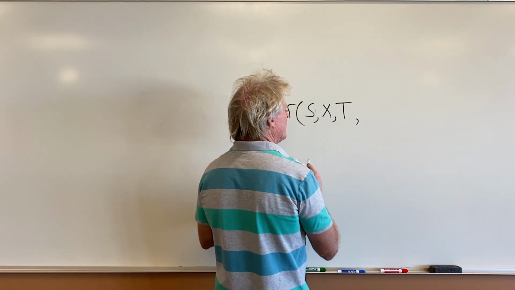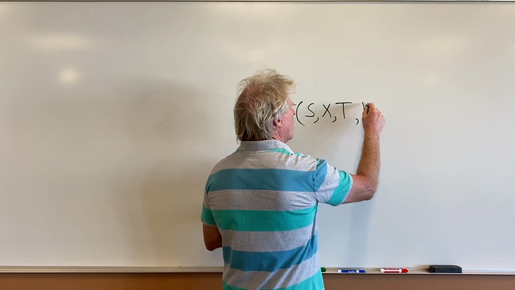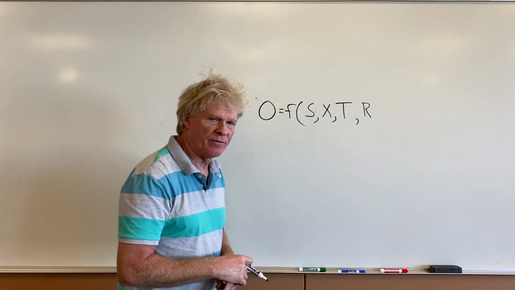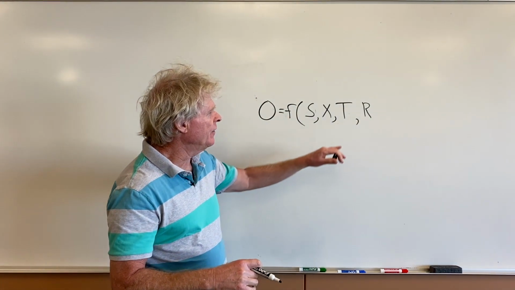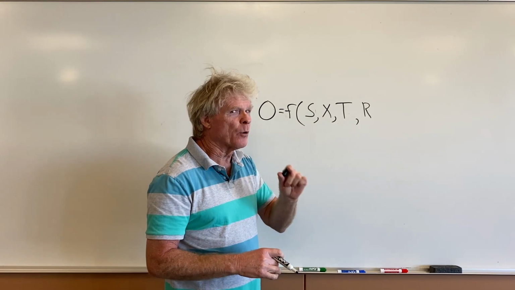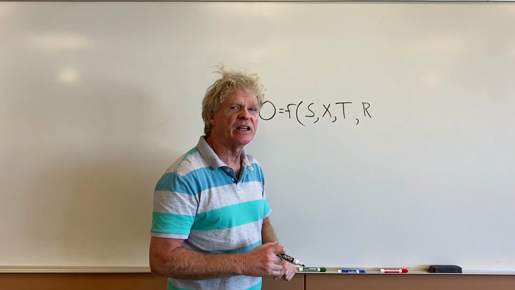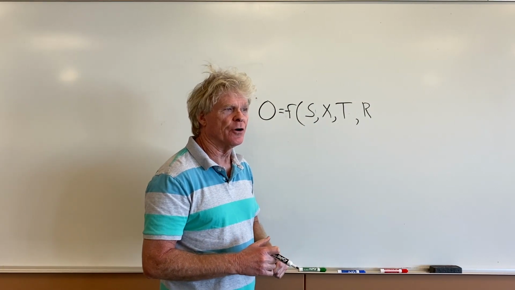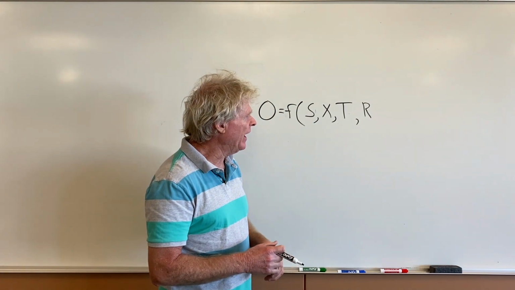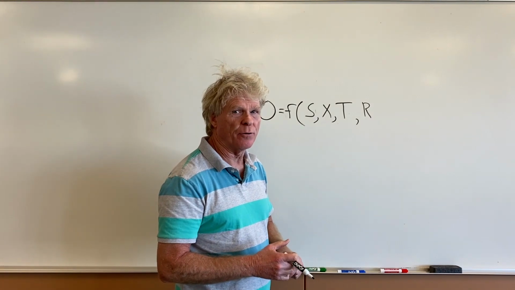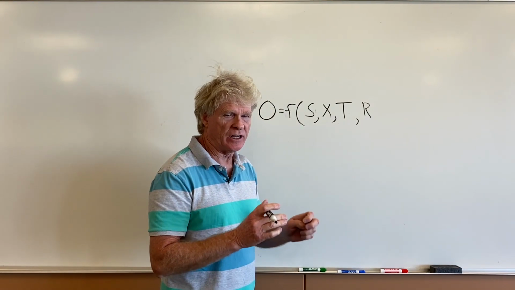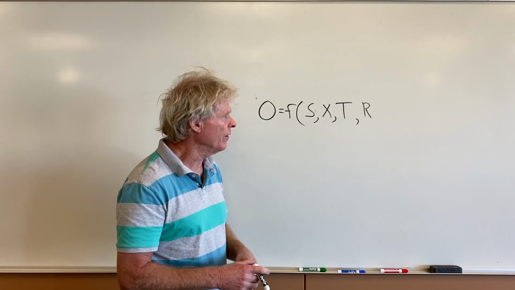There are 2 more factors. One is R, and R stands for the risk-free rate of interest. And the model that we're going to be using uses this risk-free rate of interest measured in continuously compounded return form. And that would be the natural log of the price relative, not a standard holding period return form.